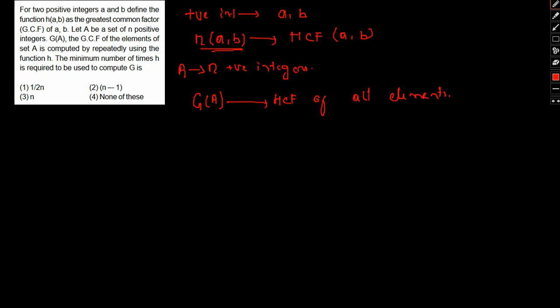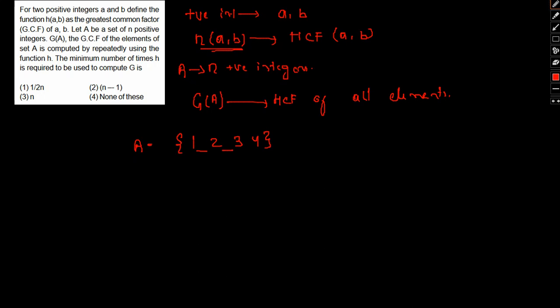Now try and understand something. Suppose I have a set, say 1, 3 and 4. Suppose this is my set A, and now if I am to find the greatest common factor of this, the minimum operation that I'd have to perform would be: first I'll pick any two, then I'll pick any two, and then subsequently any two.